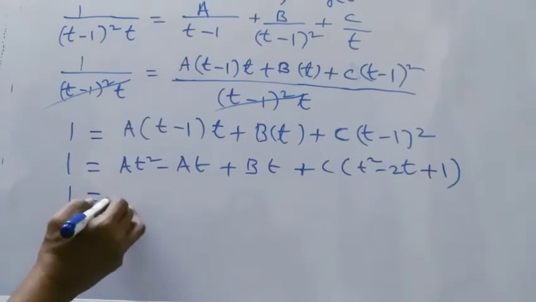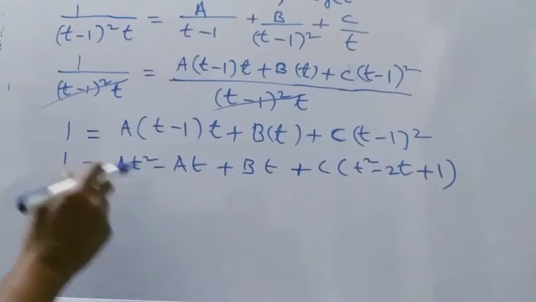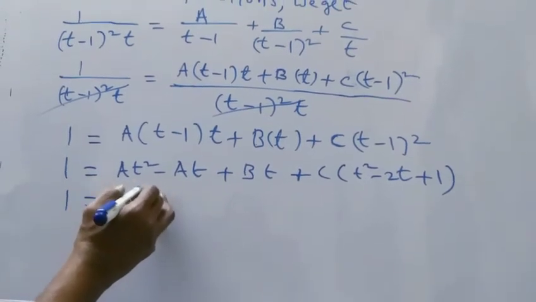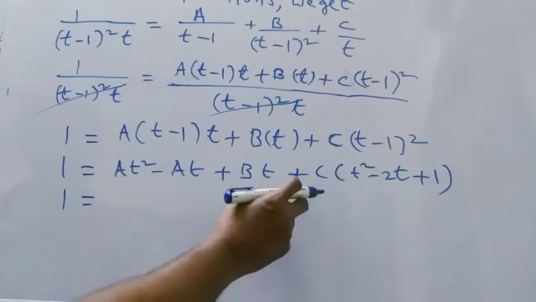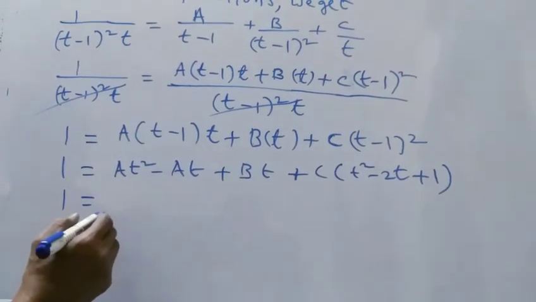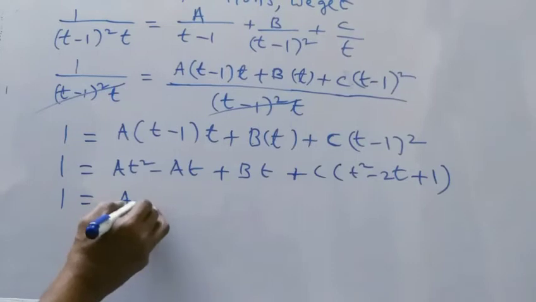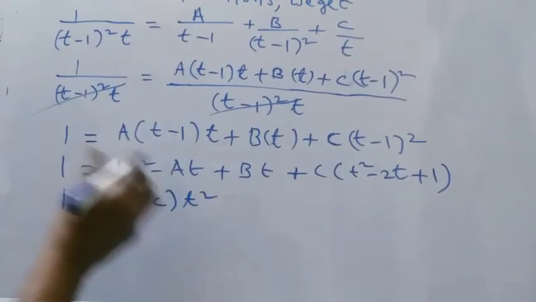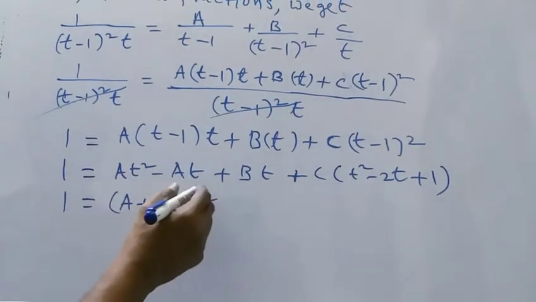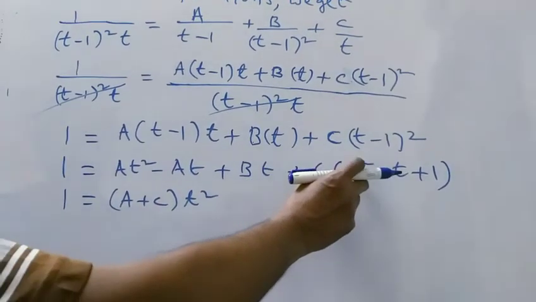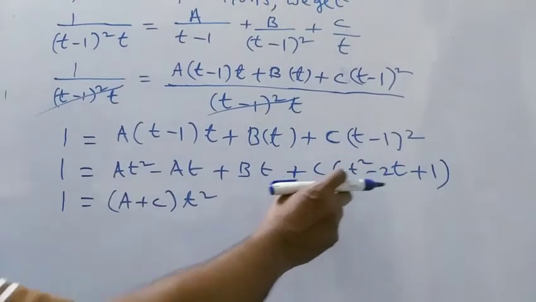1 is equal to, on comparing the terms like this, at square here ct square. So it becomes (a plus c) t square. And later comparing this one, minus at plus bt minus 2ct.